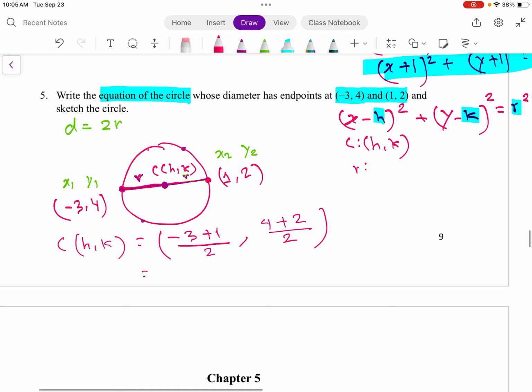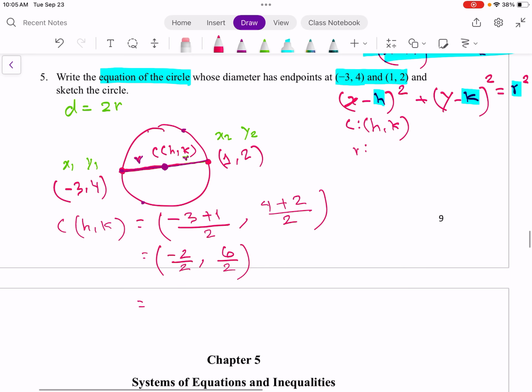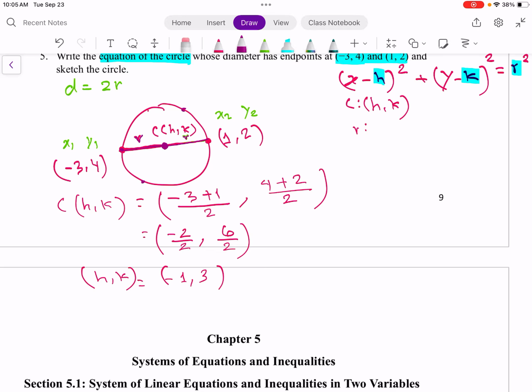So -3 plus 1 is -2, divided by 2, and 4 plus 2 is 6, divided by 2, and this is (-1, 3). So this is our center (h, k). In this, h is negative 1 and k is 3.